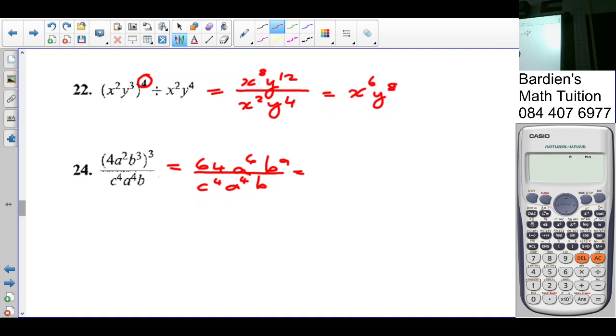So that 64 remains 64. So it's going to be 6 minus 4, because they're from the same base. Okay, A squared. Where's the more B's? So it's going to be B, 9 minus 1 is 8. Where's the more C's? C to the 4. There's no C's on top, so it's a remainder.